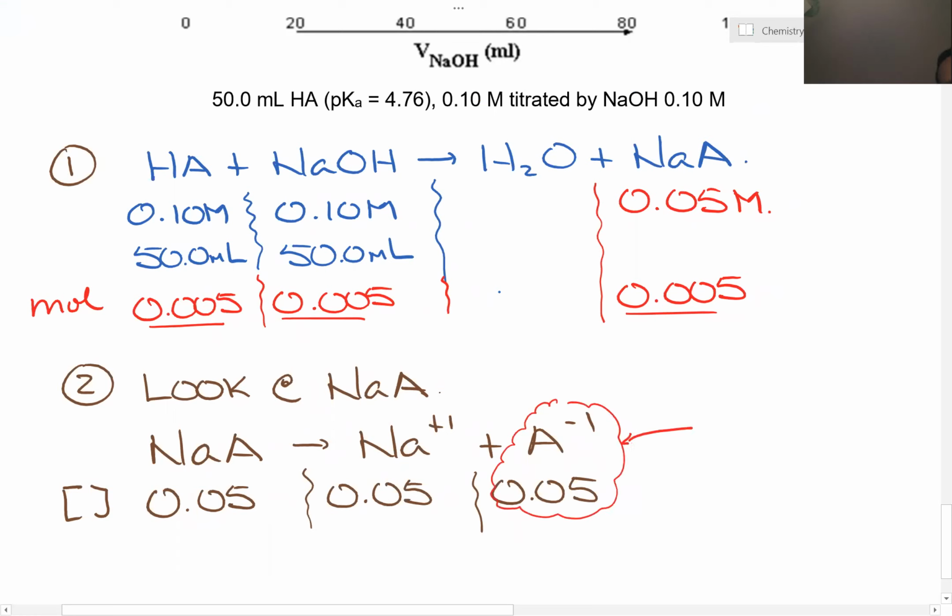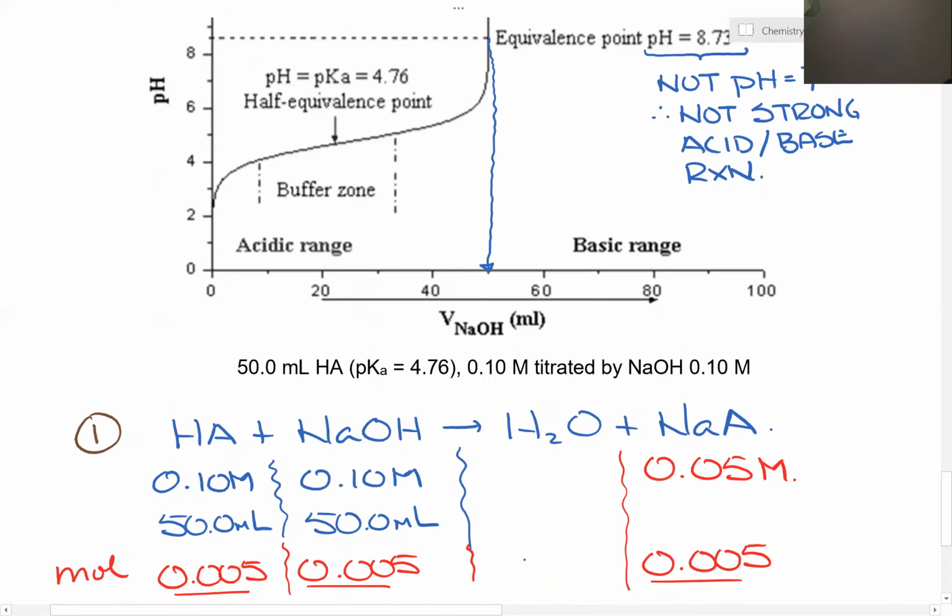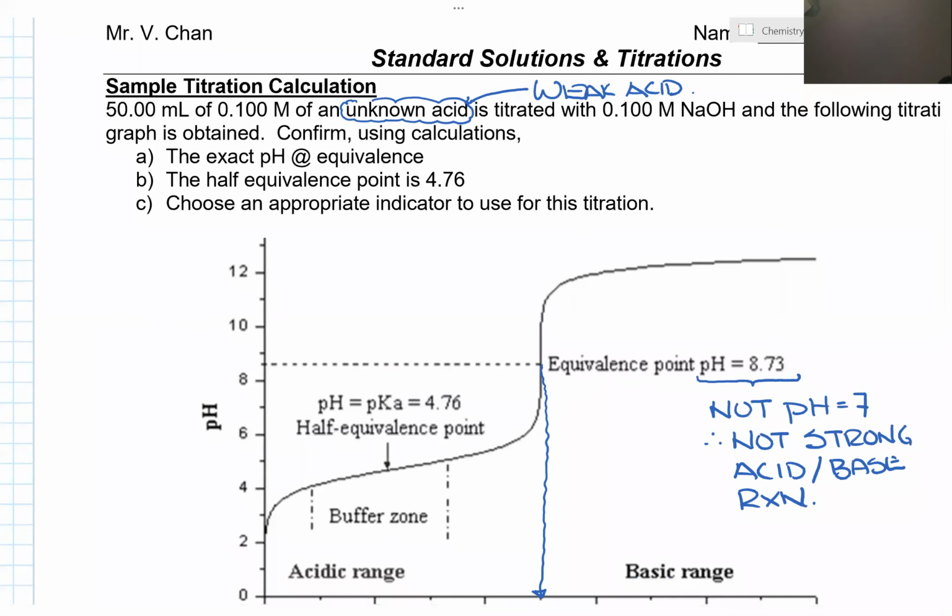This one undergoes hydrolysis. Now, how do we know A minus 1 undergoes hydrolysis? 2 ways. Number 1, you can recognize that it is from a weak acid.